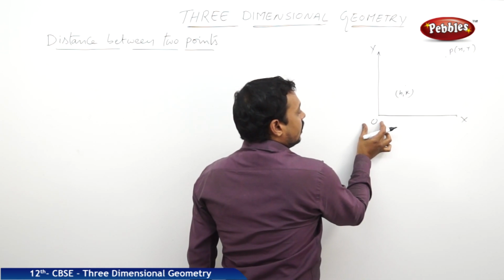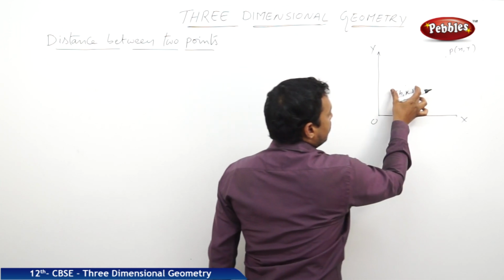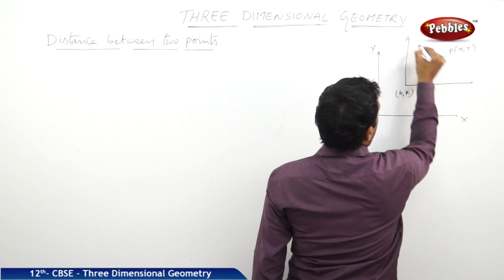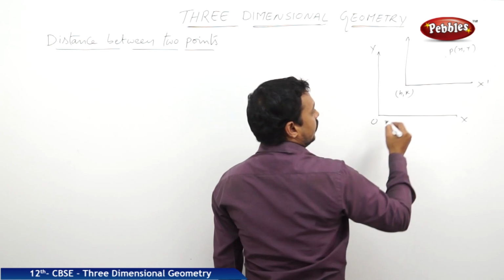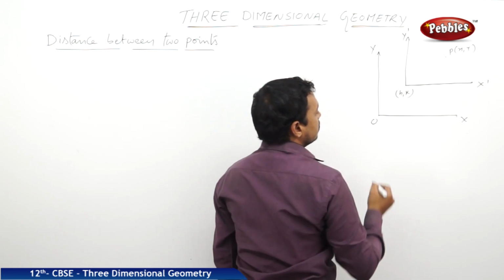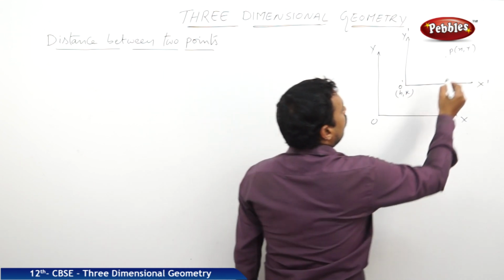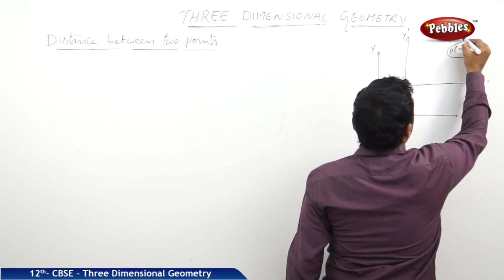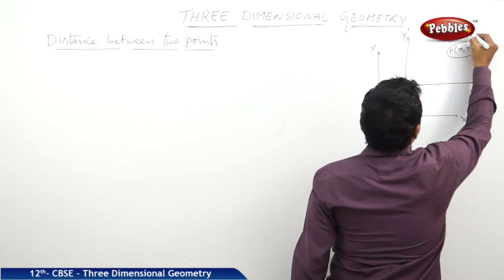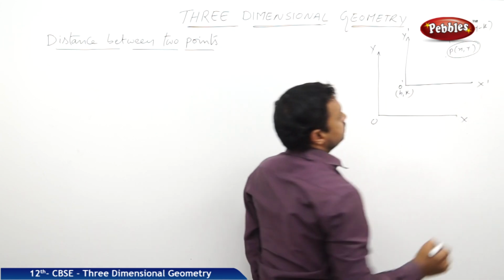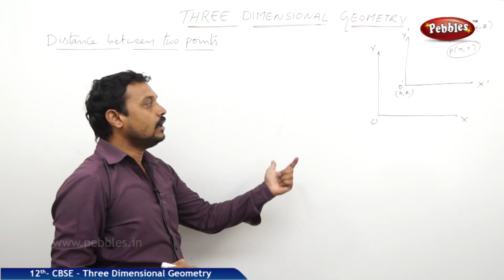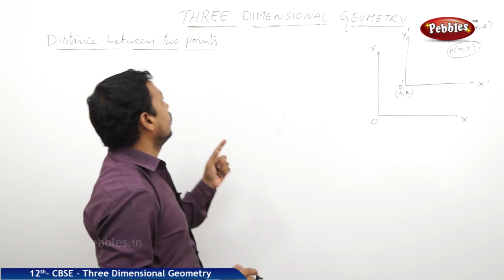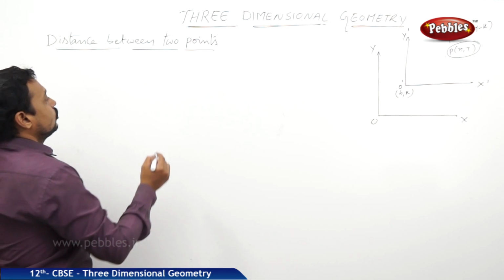When this regular coordinate system is shifted to h comma k, it has new axes known as x dash and y dash, and this will be O dash. Now the new coordinates of P will be x minus h comma y minus k. So earlier you studied the shifting of origin to some point. Right, now coming to the distance between the two points.